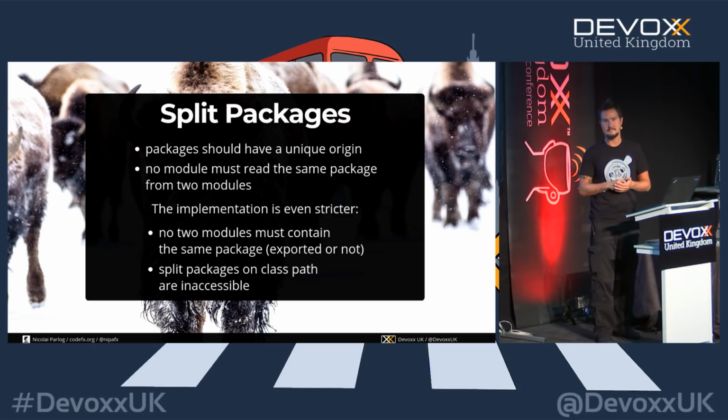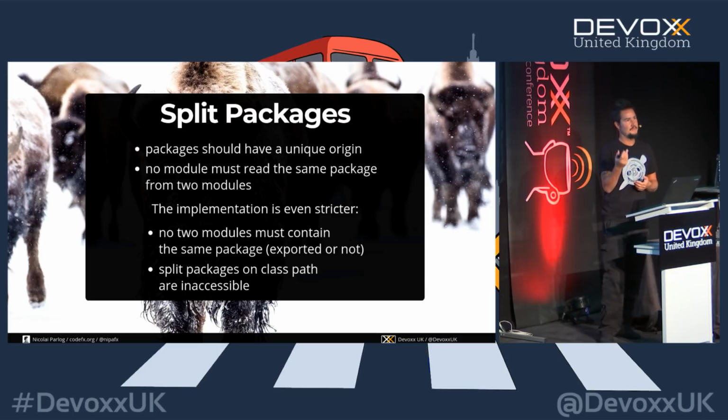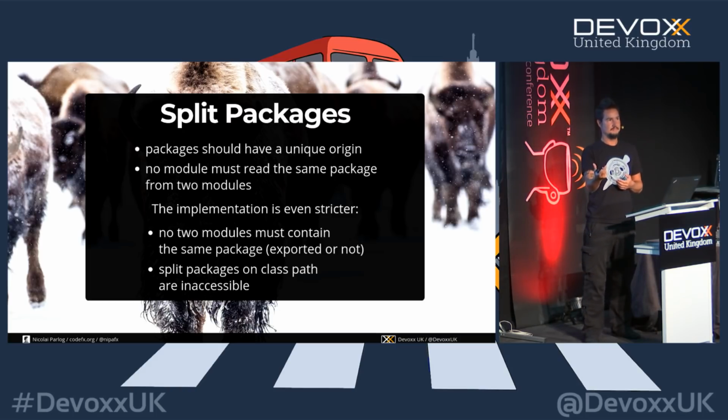Fix it. The thing is that the unnamed module, because of the chaos of the class path that's supposed to live on in there for compatibility reasons, is not exposed to these checks because it would fail too many of them.